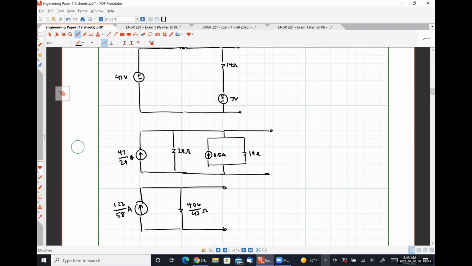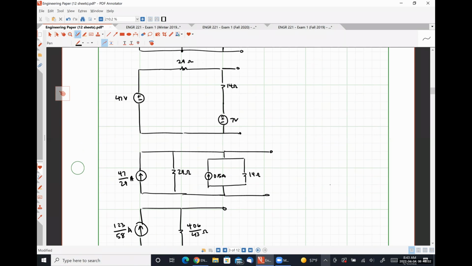So 123 over 58 is the value of my current source in my practical source representation. And for maximum power transfer to occur, the resistor RL has to be exactly equal to 406 over 43.